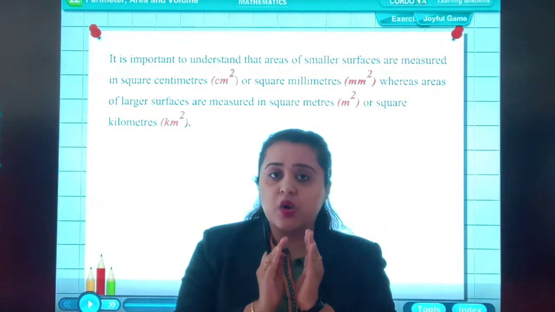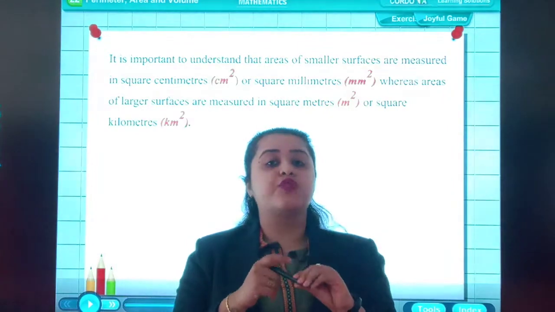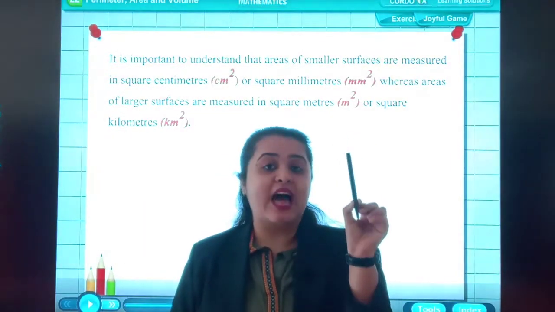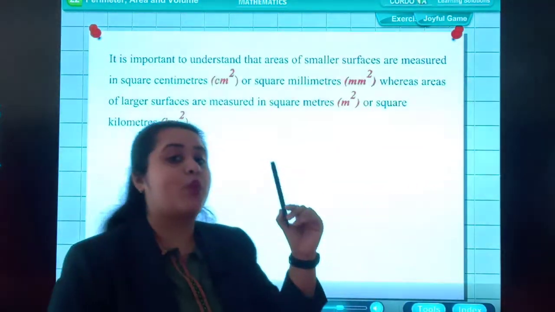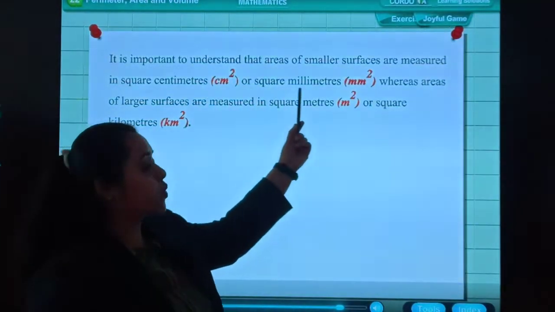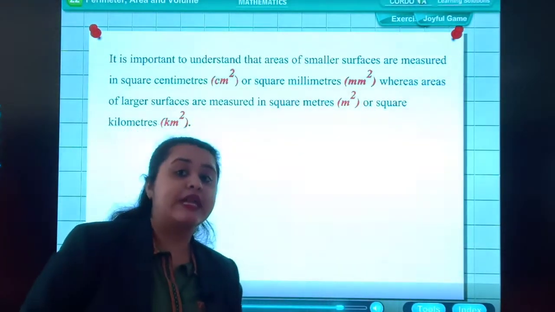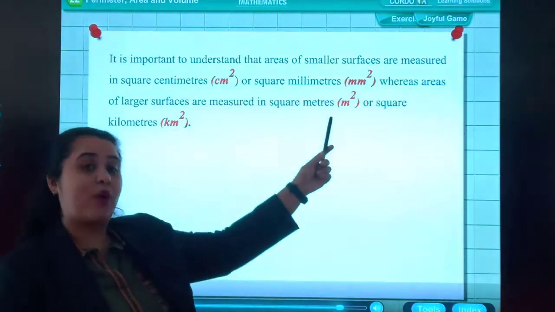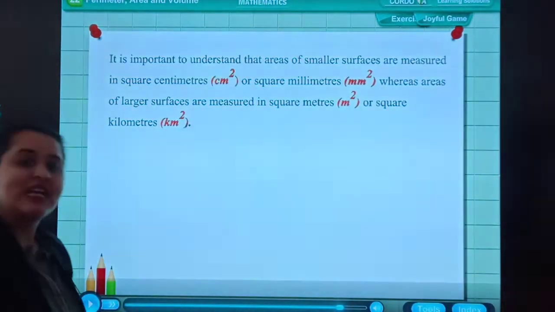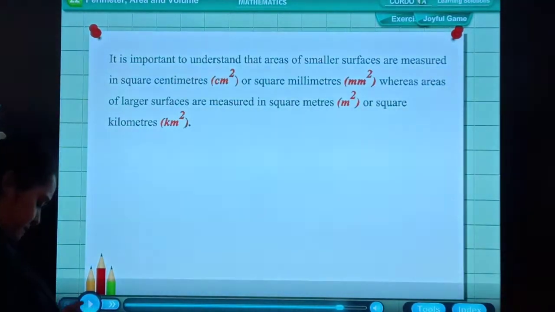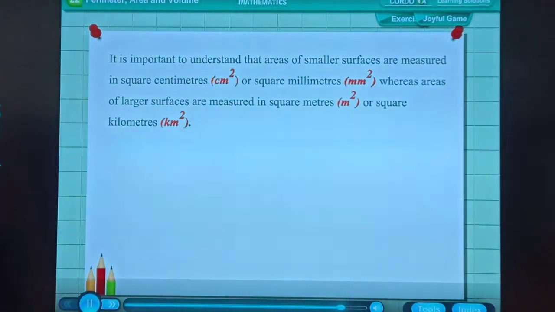If the object is small, then the unit will be square centimeter or square millimeter. And if the object is huge, then the answer will be in square meters or in square kilometers.